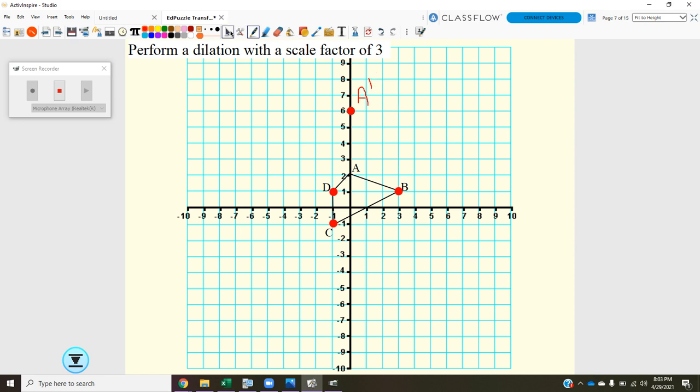B is at 3 and 1. 3 times 3 is 9, and 1 times 3 is 3. Okay, so 3 times 3 is 9, 1 times 3 is 3, so 9 and 3.